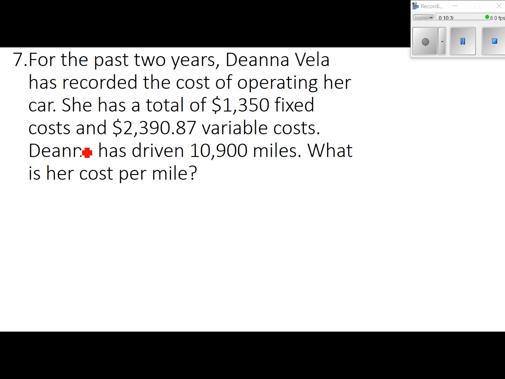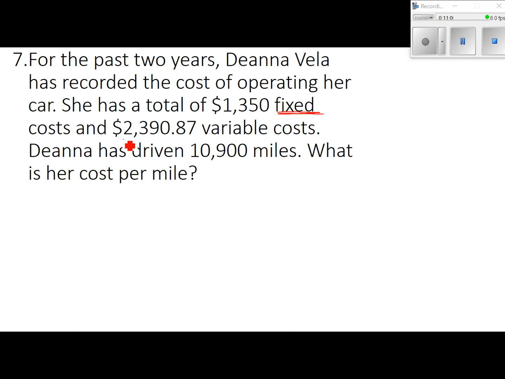For the past 2 years, Deanna Vila has recorded the cost of operating her car. She has a total of $1,350 in fixed cost and $2,390.87 in variable cost. Remember, the fixed costs are stuff like her car payment, insurance, getting the tags for the car, and so on.